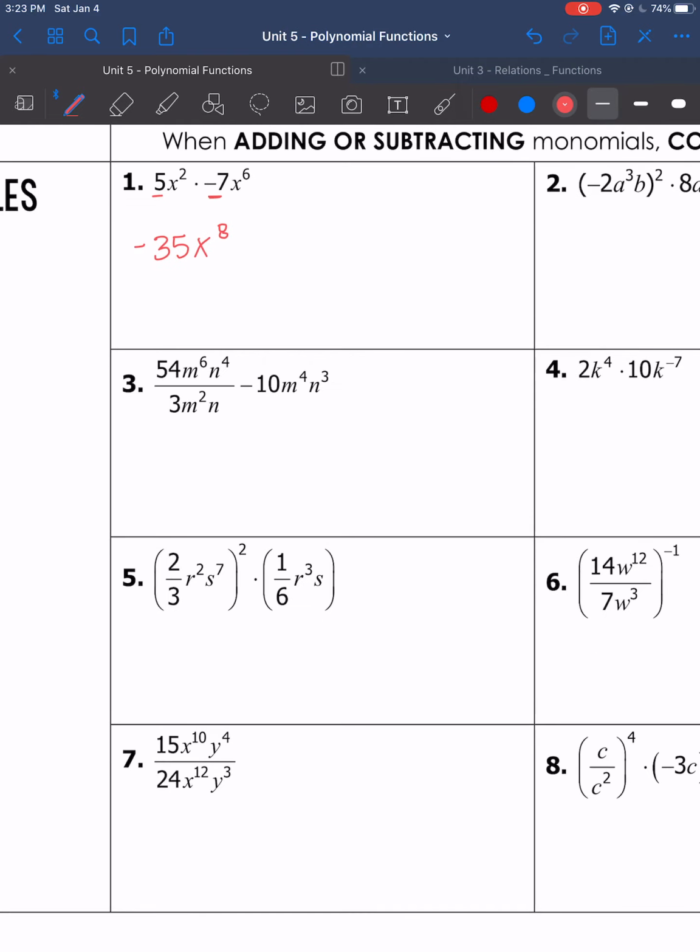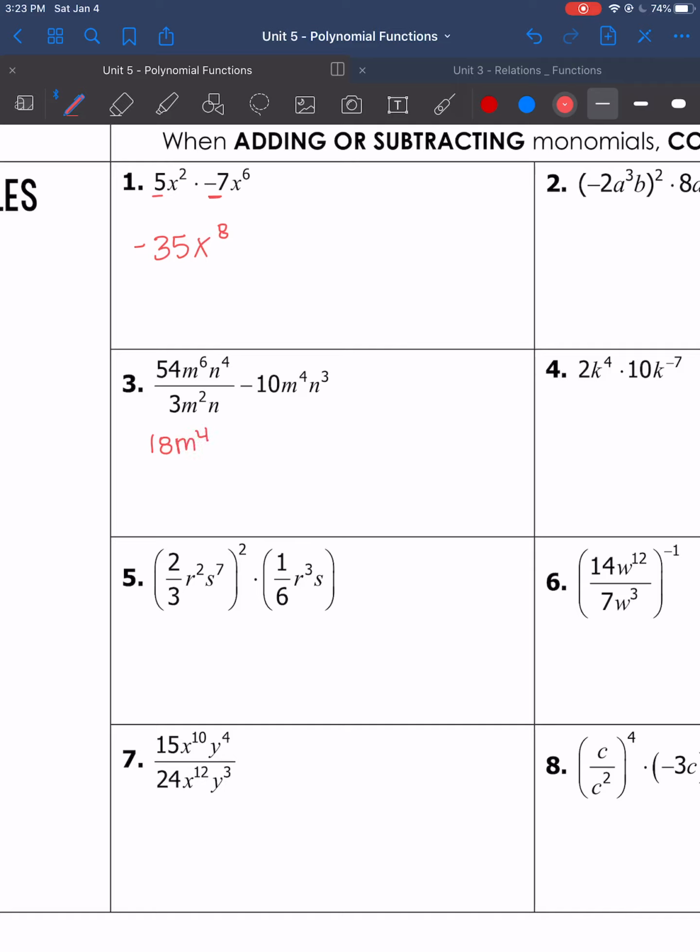Alright, 3. I have 54m to the 6th n to the 4th divided by 3m squared n, minus 10m to the 4th, 3n cubed. So let's deal with this thing first. 54 divided by 3 gives me 18. And since these m's are the same, I can subtract the exponents, and 6 minus 2 is 4.